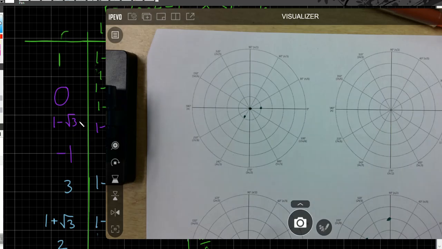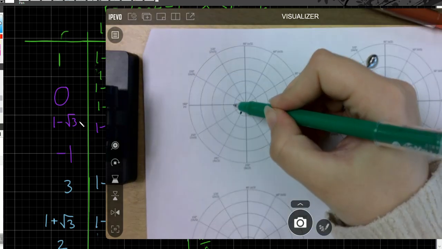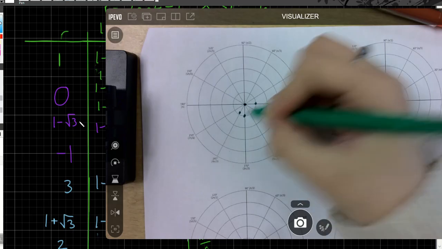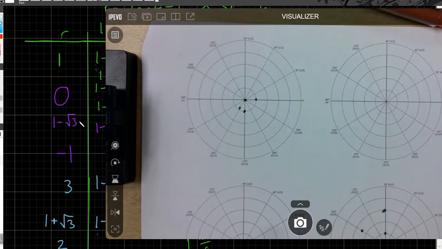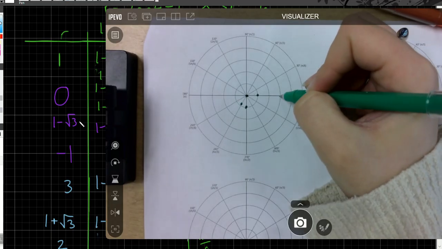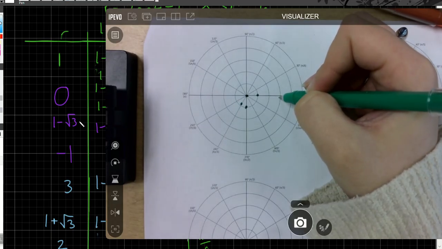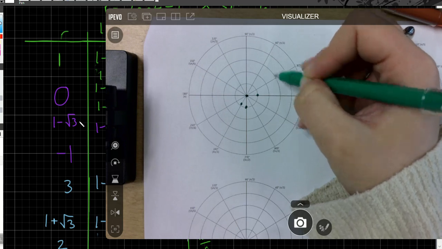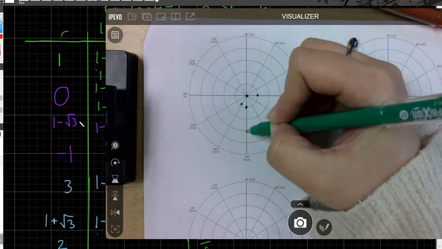Next point was negative 1, and then pi/2. So I'm right there. Okay, next one is at 3. So 1, 2, 3. And what was my radians? 3pi/2. So over, down, I'm right here.